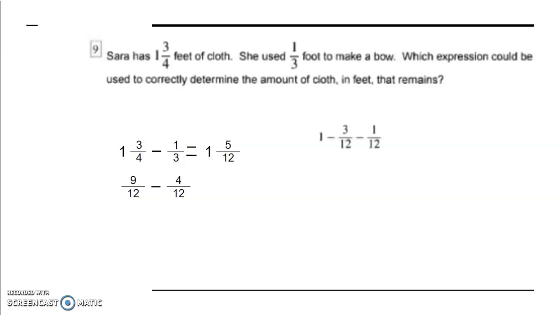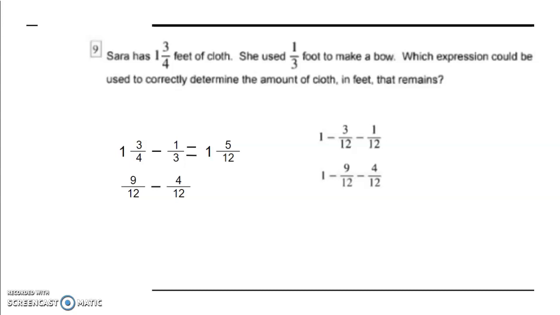So my first one says 1 minus 3/12 minus 1/12. Well, if I look at the way that I found my answer, I have nothing with 3/12, I have nothing with 1/12, so that cannot be my answer choice. So I'm going to say that that's not correct. I'm going to go to my next one. It says 1 minus 9/12 minus 4/12. Well, let's see.